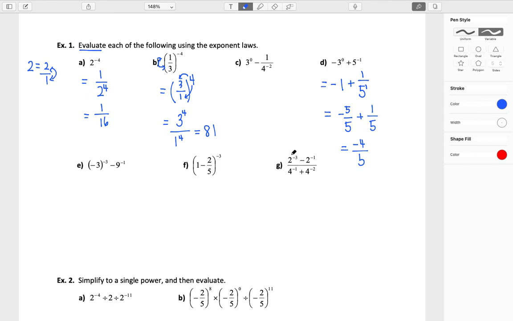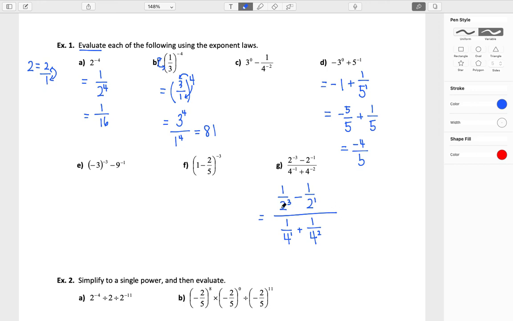So for the numerator, it becomes 1 over 2 to the power of 3 minus 1 over 2 to the power of 1. I flipped it so it becomes positive, divided by 1 over 4 to the power of 1 plus 1 over 4 to the power of 2.